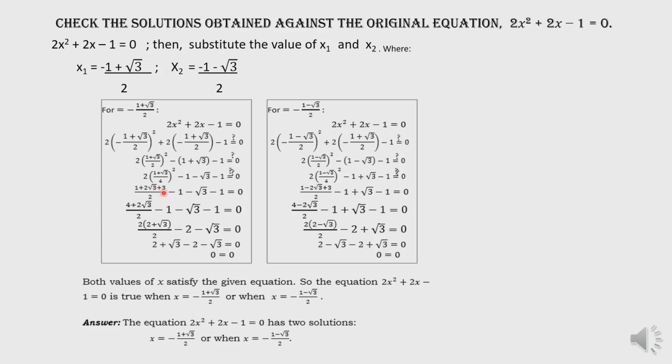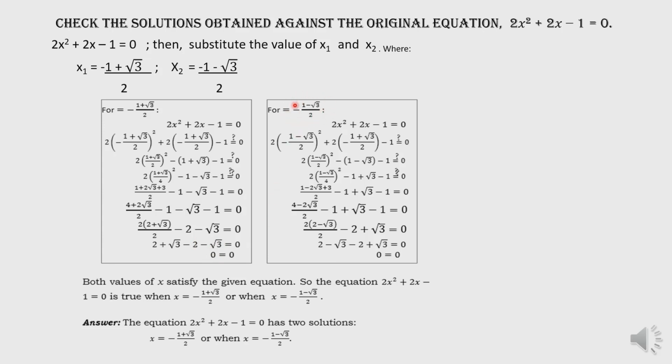If you ask where you got that one, since this is a square of a binomial, you have to take the square of the first term plus twice the product of the first and the second term, 1 and square root of 3, over 4, and then the square of the second term. So you have this part here. All you need to do is to substitute and simplify for you to get 0 equals 0.